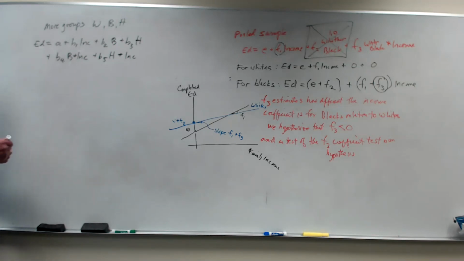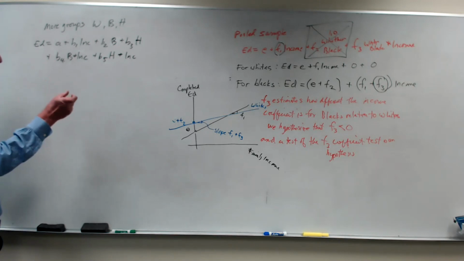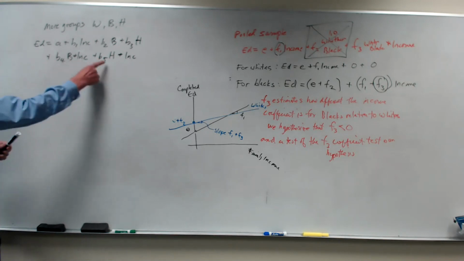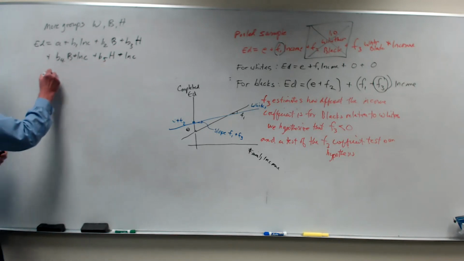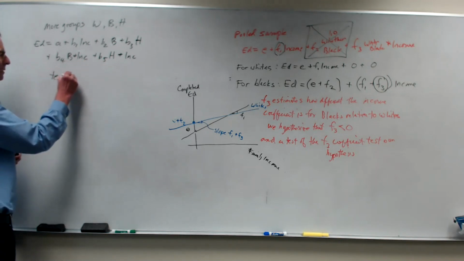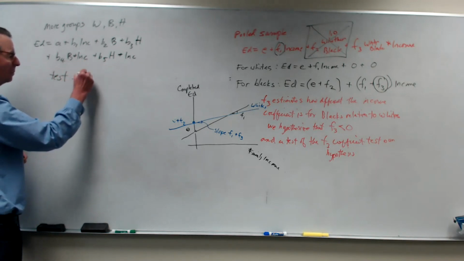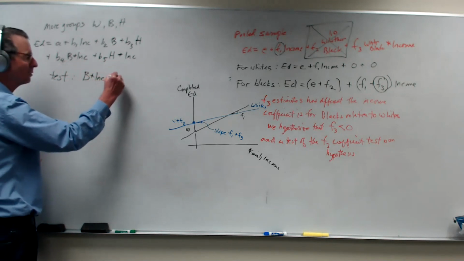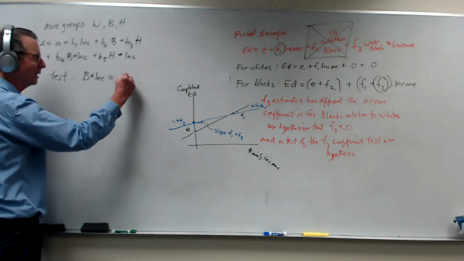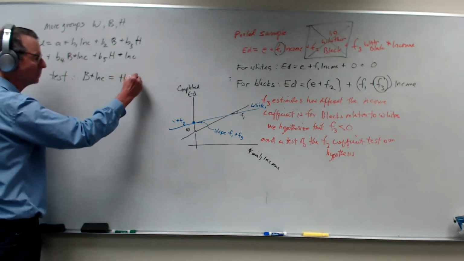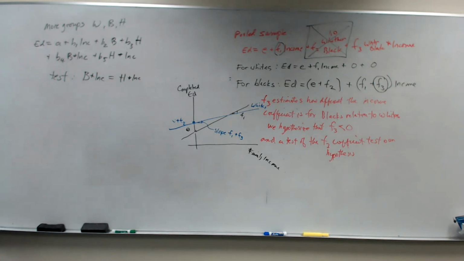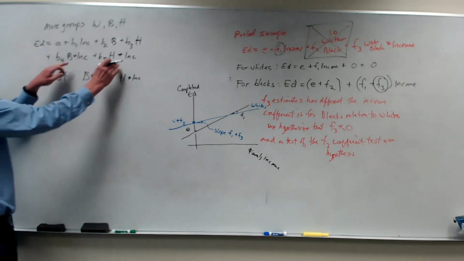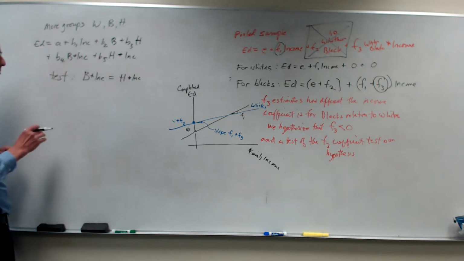If you wanted to test whether the effects were different between blacks and Hispanics, you could test whether the coefficient on black times income equals the coefficient on Hispanic times income. And so that would tell you whether the slopes are different for blacks and Hispanics.